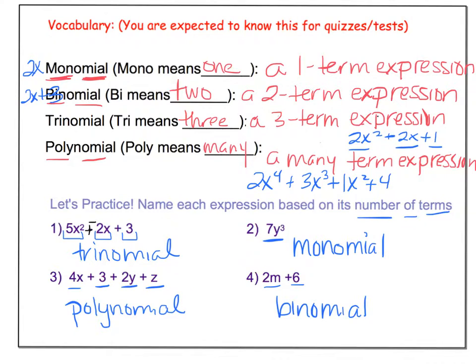There's another way to classify polynomials, and that is by its degree. So here you can see that we need to define what the degree of a polynomial is. And the degree of a polynomial is the highest power that you see in the polynomial.